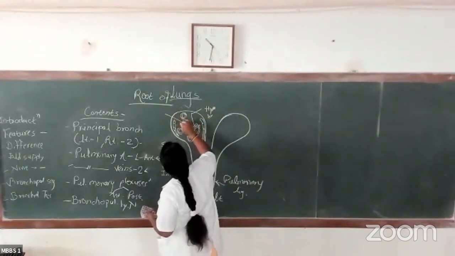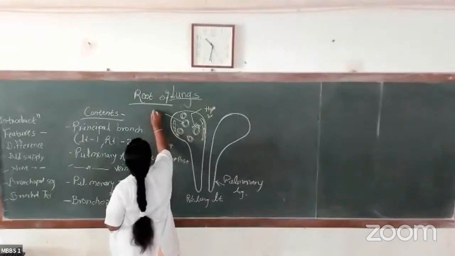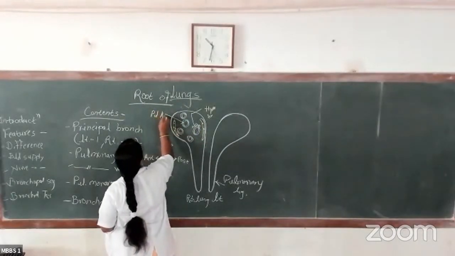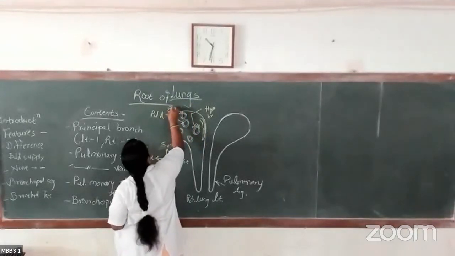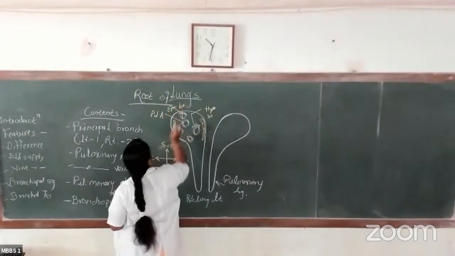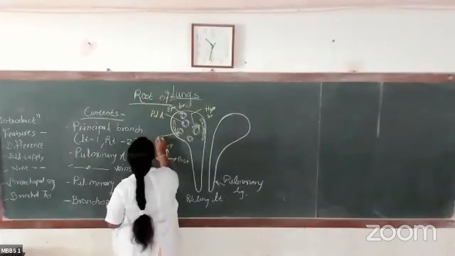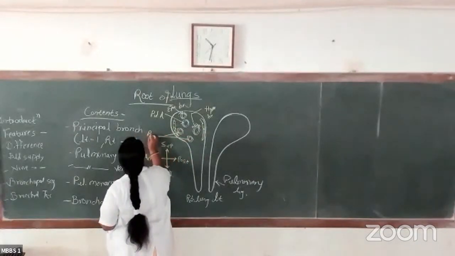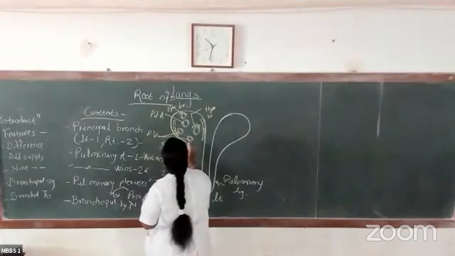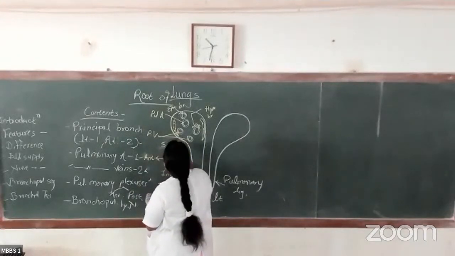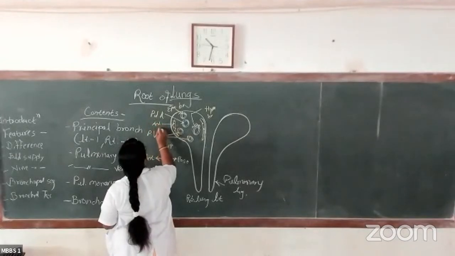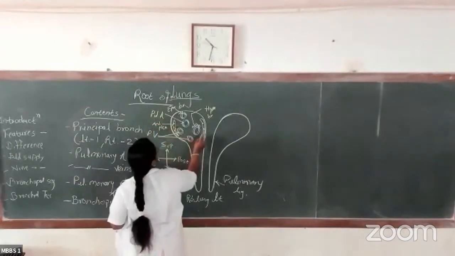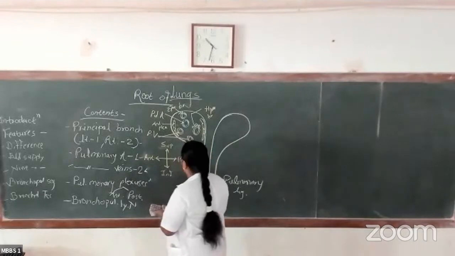This is the pulmonary artery. This is the epiarterial bronchus. These are the two pulmonary veins, superior and inferior pulmonary veins, and this is the anterior pulmonary plexus, and this is the posterior pulmonary plexus.